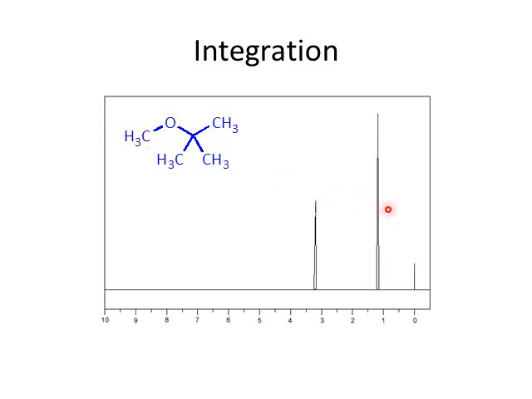If I look at this, I see that my signals, ignore that, that's just the 0 marker, these two signals are different sizes. And it turns out the ratio of sizes is the ratio between the number of hydrogens. We're not just going to look at height, because unfortunately these aren't just lines. If we looked at these, you see that there's some width. They're really triangles.